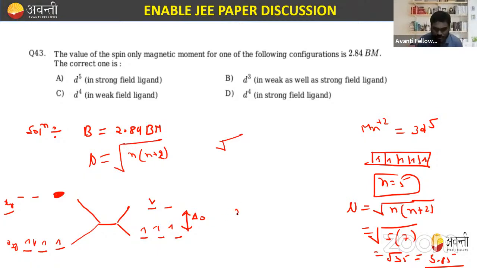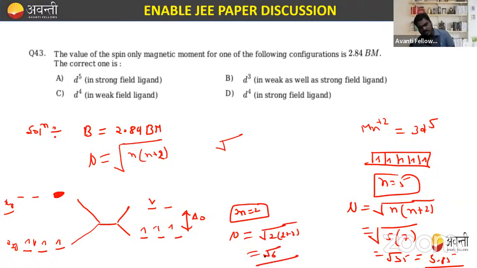Only two. So n is equal to 2 only, and corresponding to 2, we get the magnetic moment as root of 2 into 2 plus 2, root 8. Because 2 plus 2 is 4, 4 times 2 is 8. We know root 9 is equal to 3, so this will become 2.84. So I guess this is the correct one.